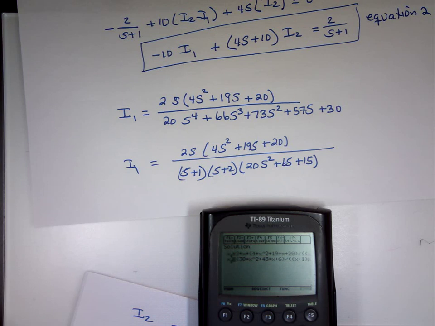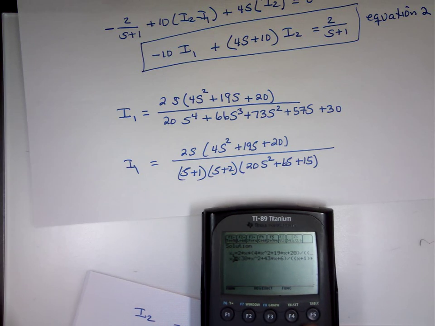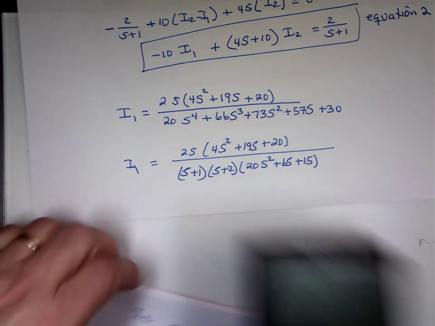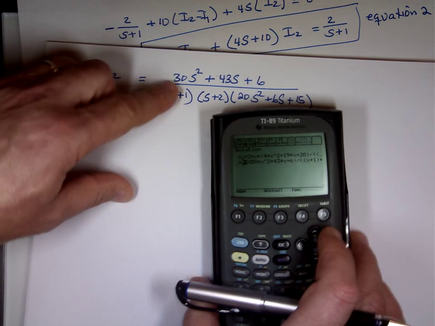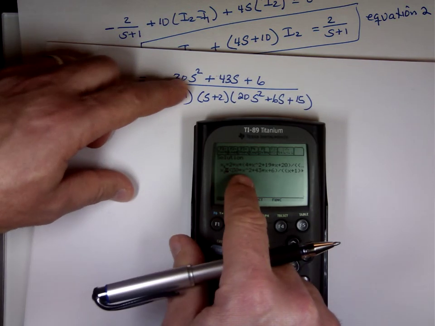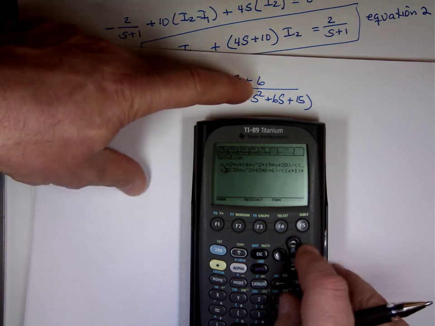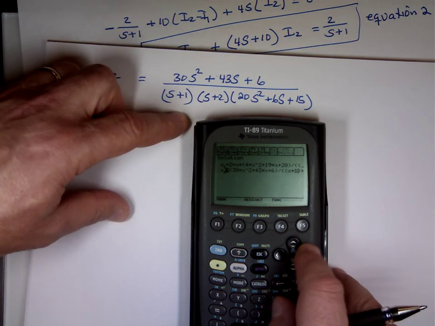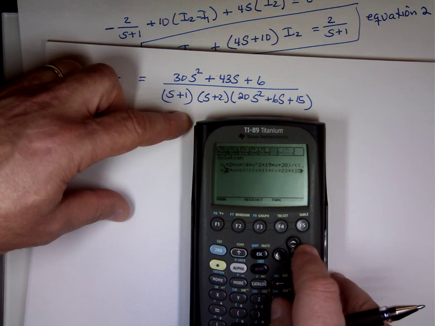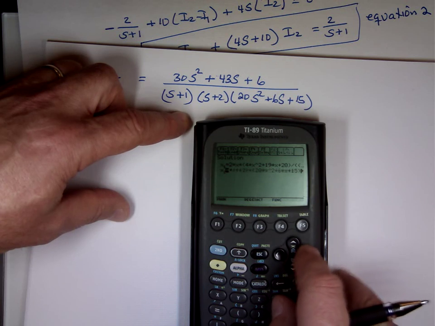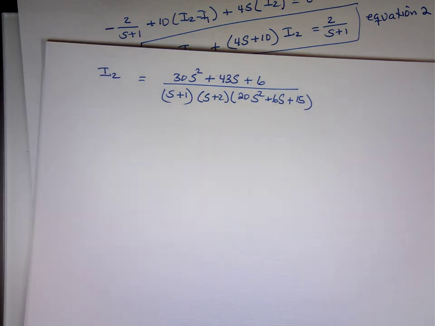The second one was 30x squared plus 43s plus 6 divided by the same thing in the bottom. That makes my life a little bit easier. I don't have to do the math.